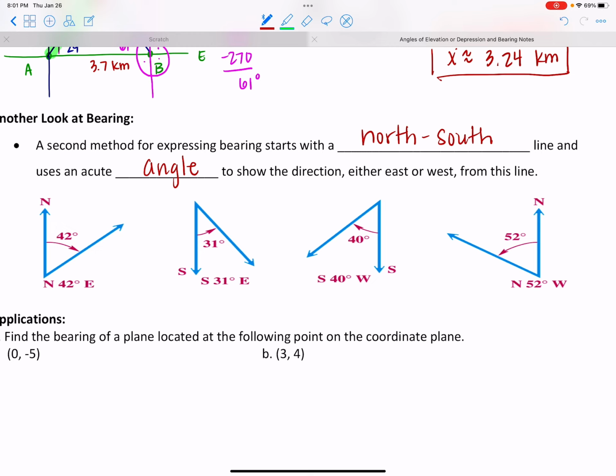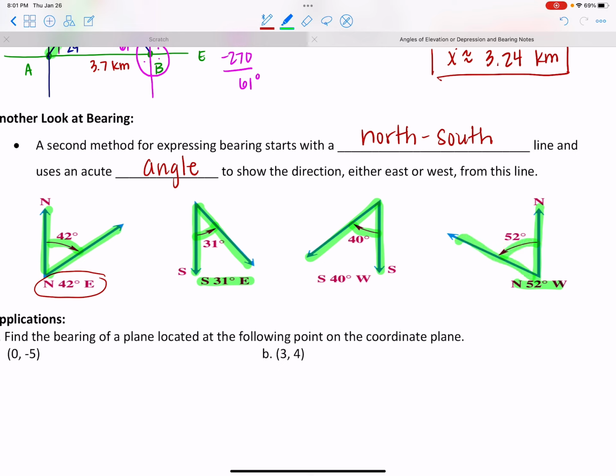If I wanted to express a bearing of north 42 degrees east, that means start on the north and then rotate 42 degrees east. If it's south 31 east, you start on the south and go 31 degrees east. South again, but 40 degrees west, rotate 40 degrees in the west direction. If it's north 52 west, start on the north and go 52 degrees west.